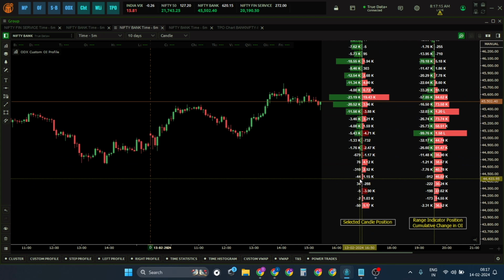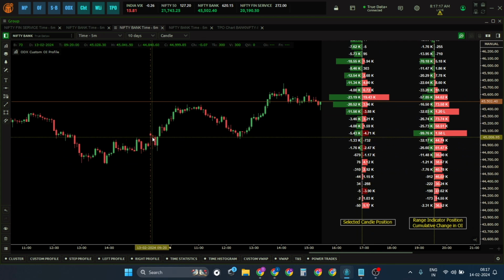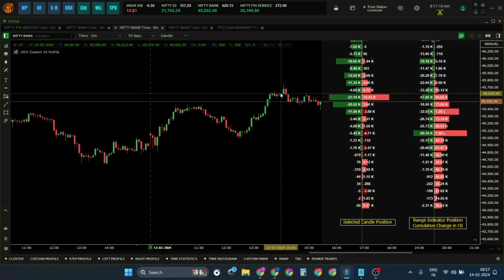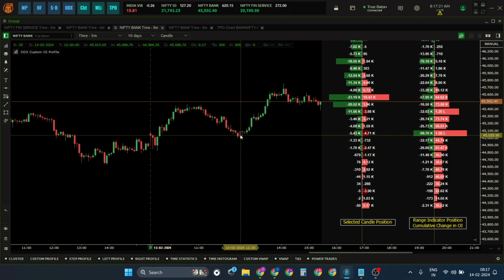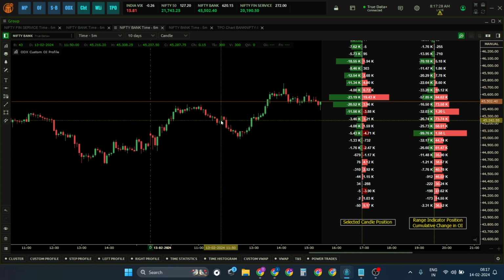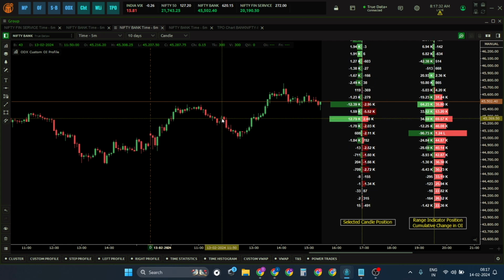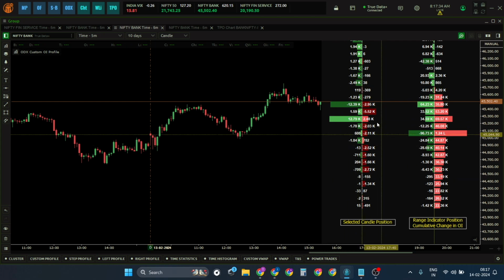So what is the selected candle position? Let's say you are in the middle of the day, at 12:30 the market is trading, and you want to see this candle's change in OI. You just click on this candle and you can see the data change, right?